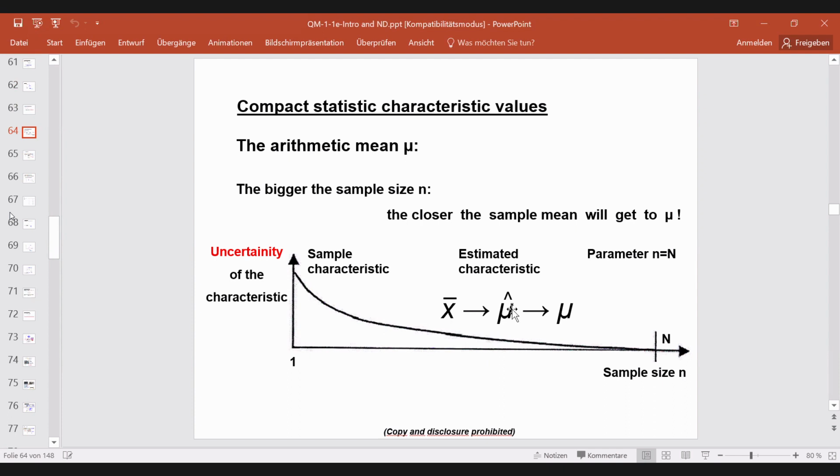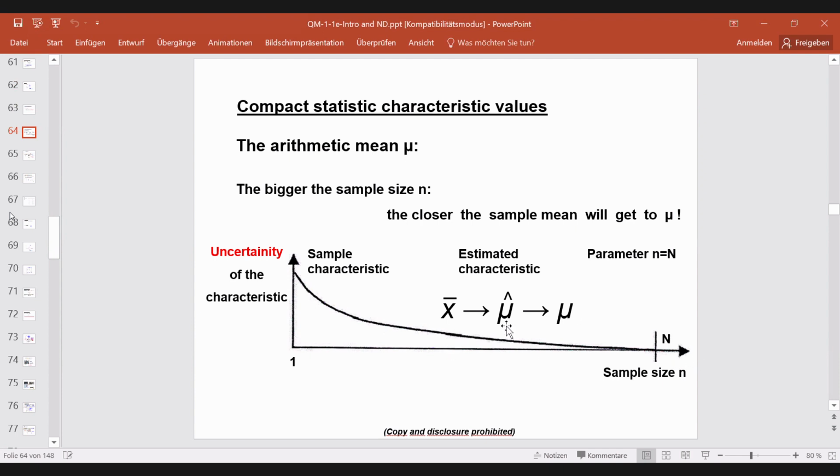And an estimation always has the sign with a roof in statistics. So every time you see a value with a roof, then it is an estimated value. You cannot measure all the parts of the population. So you measure a bigger sample, maybe 100 or 200 or 500 parts. This is much better than if you only measure 5 or 10 parts, but it's not the whole population.